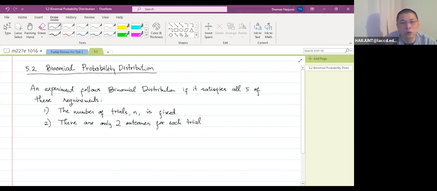Now, our textbook, just like a lot of other textbooks, will call those 2 outcomes success or fail. But the key is that there are 2 complementary outcomes, either success or fail. It can be, in other ways, open or closed, everything binary, or male, female, boy, girl.